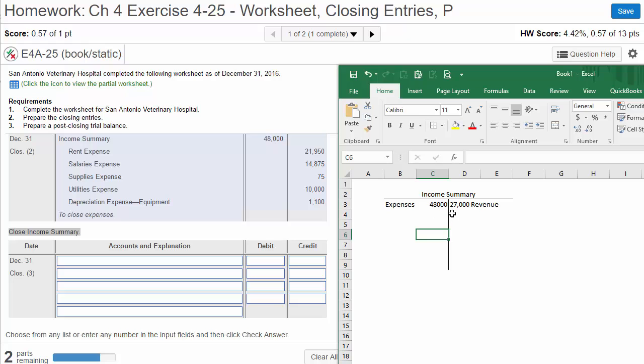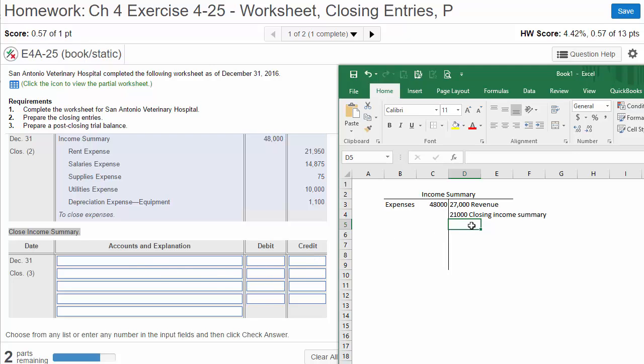Well, I need to put the difference, which is 21,000, on the smaller side, and then label that closing income summary.